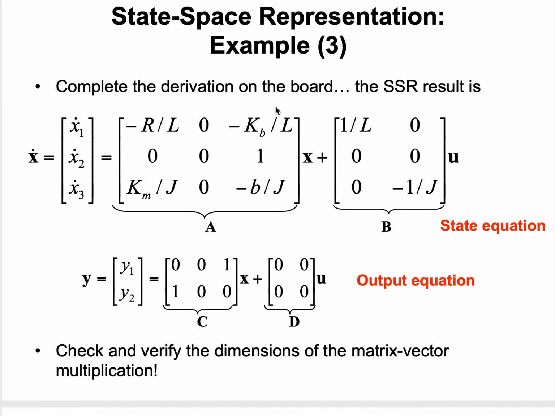So that was the matrices A, B, C, and D. Check and verify the dimensions, as I said, for the matrix vector multiplication. As this is 3 by 3, this vector must have 3 rows. This is usually 3 by 2, so this vector should have 2 rows.